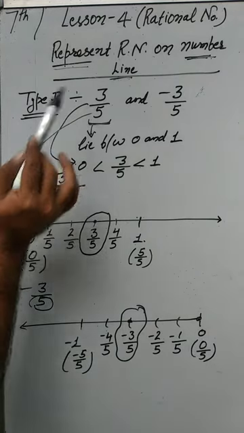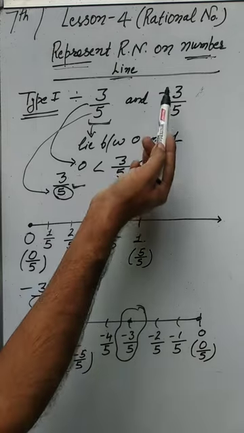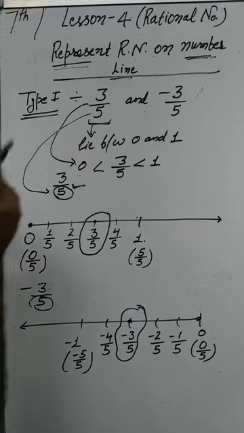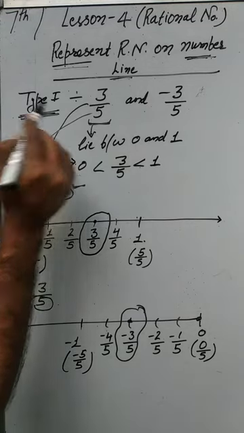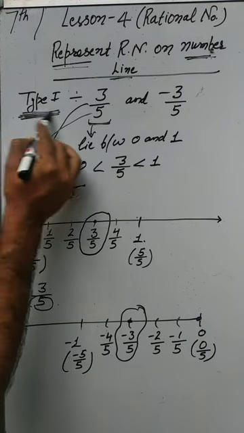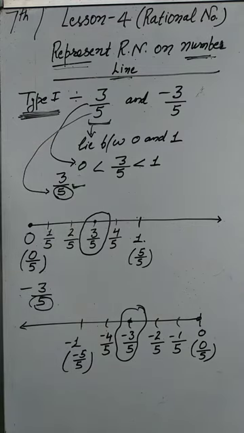Means positive ones lie between 0 and 1 and negative ones lie between 0 and minus 1. Clear beta? In that way you can represent first type rational numbers on the number line. This is our first type of sums. Okay.